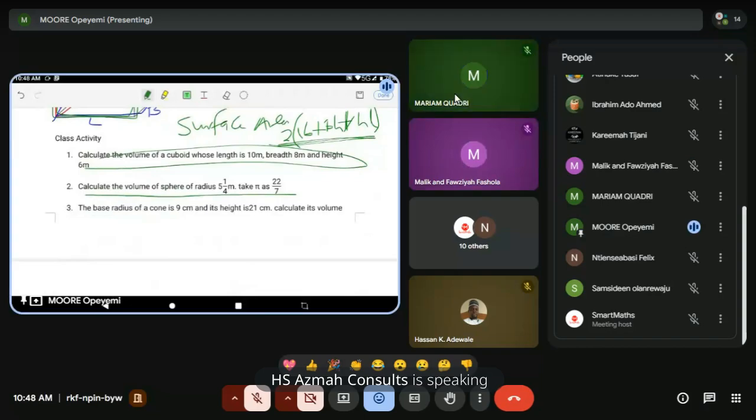The base radius of a cone is 9 centimeter and its height is 21 centimeter. Calculate its volume.